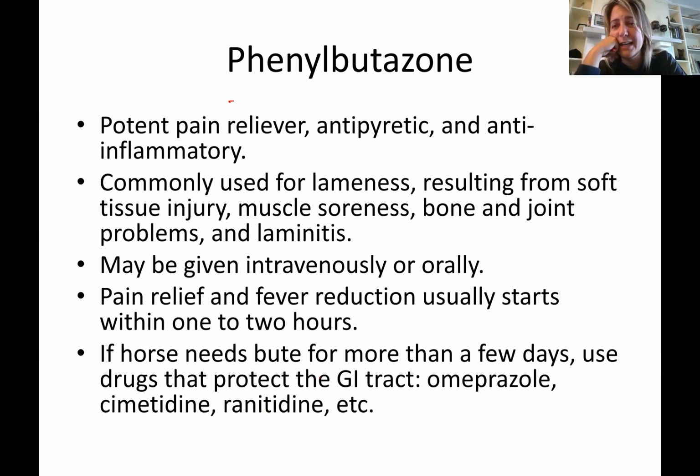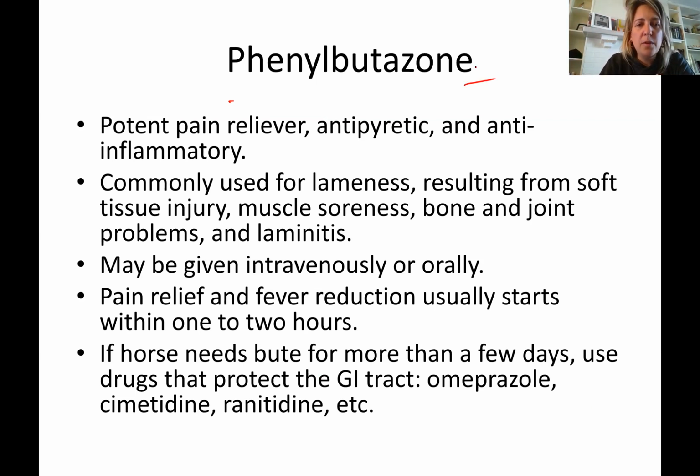I challenge you to try a drop of Banamine so you can see how nasty the taste is; horses actually hate it. Once you do that yourself, you're never going to do that to your horse again. There is a paste formulation, so if you're not going to learn to give an IV, don't give the IV medication orally.